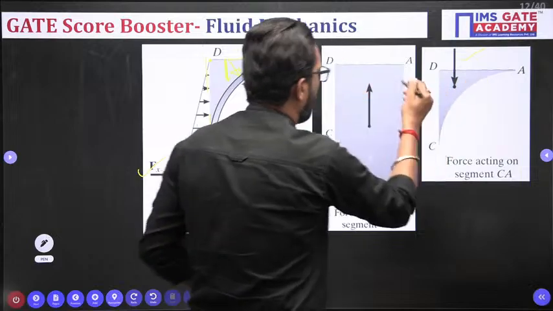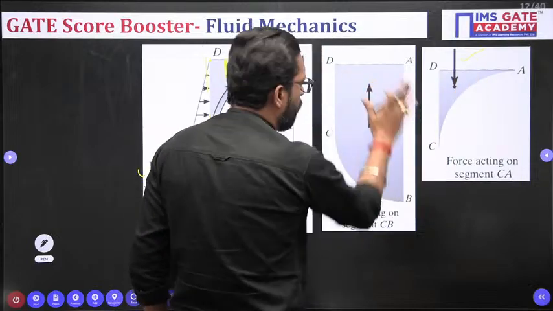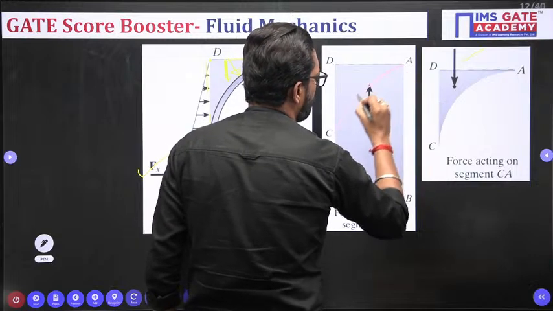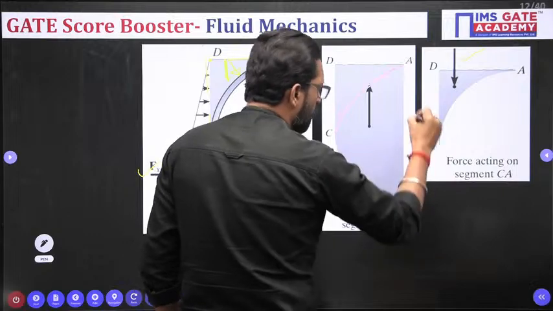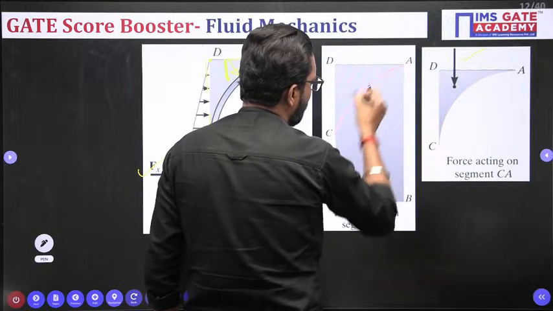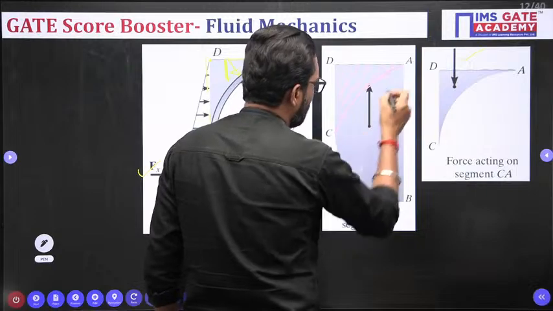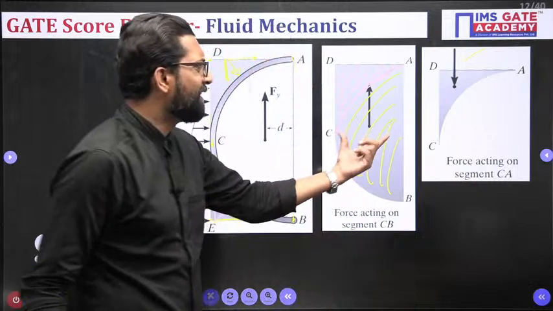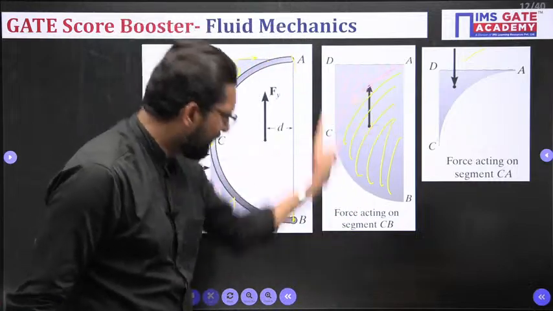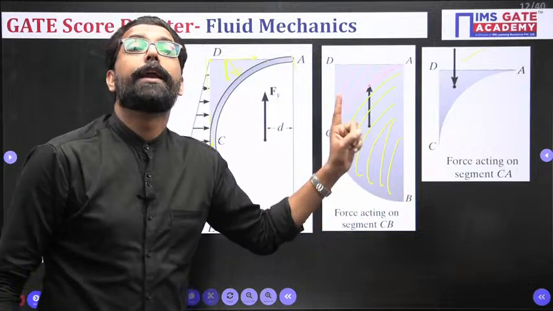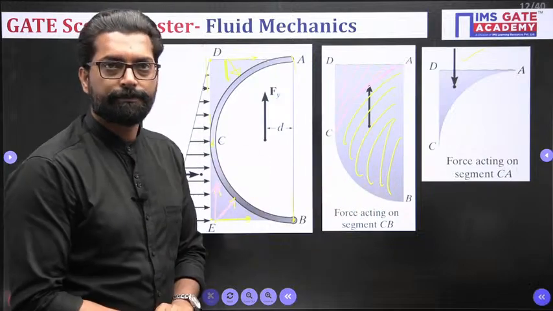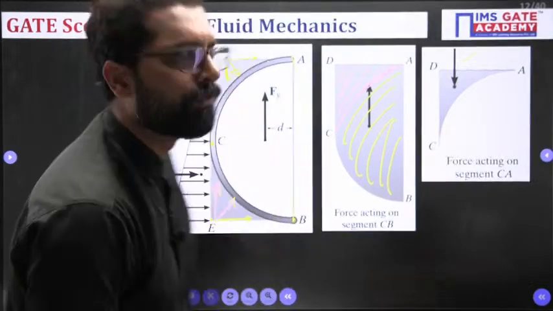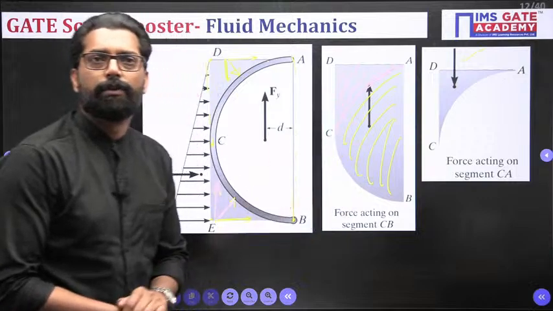If you combine these, it is the total volume minus this volume. If you neglect this volume, automatically this is the volume of this semicircle. So the weight of the fluid contained within this circle is the net vertical force. Clear? Is it visible? Yes, it is your net vertical force.